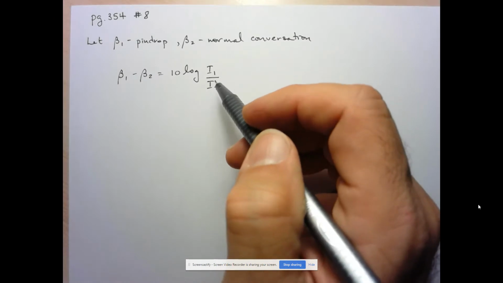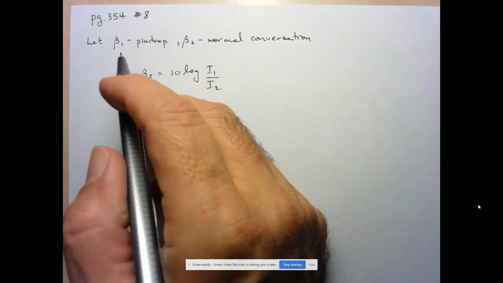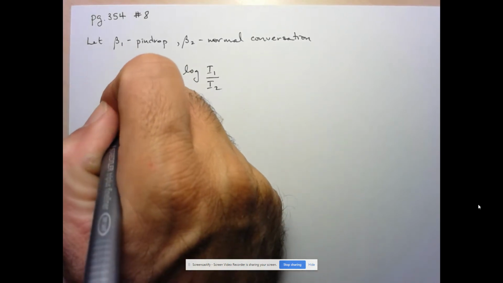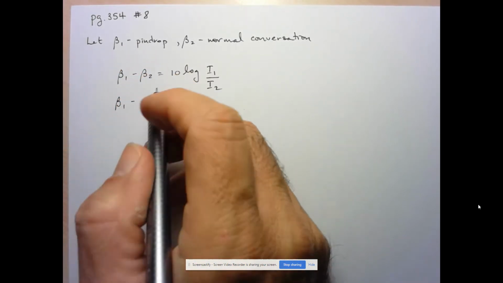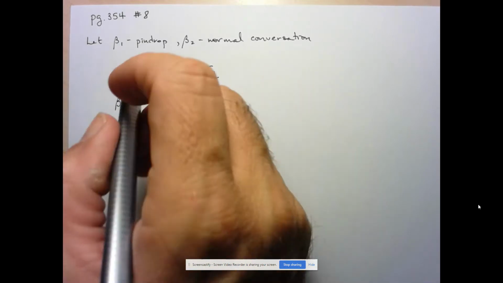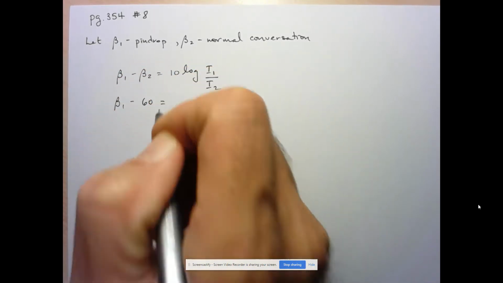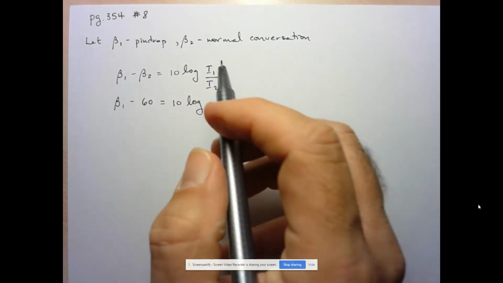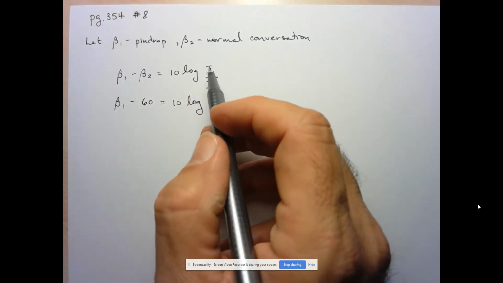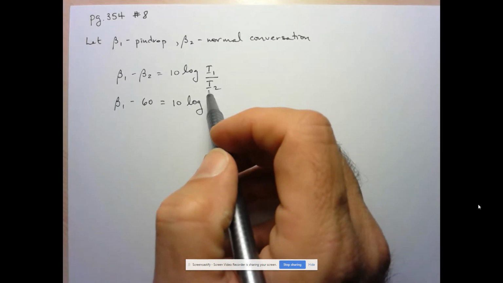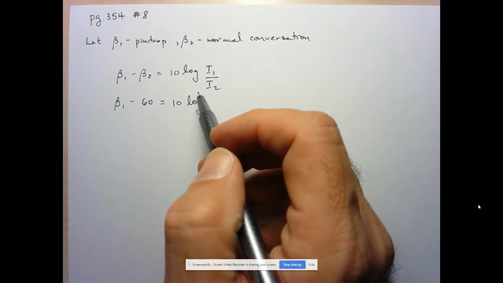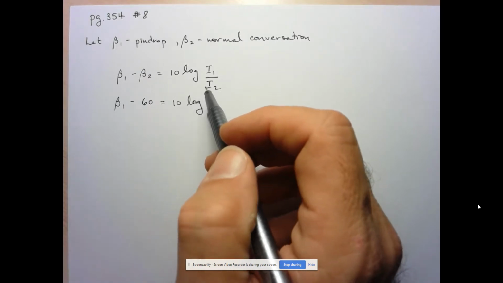All right, so we don't know the sound level of a pin drop, so that'll be our variable here, but we just saw that the sound level of normal conversation is 60 decibels. All right, so here 10 log. Now notice how I have the pin drop over the normal conversation, which is how the ratio is given to me, because it's given to me as pin drop to normal conversation.